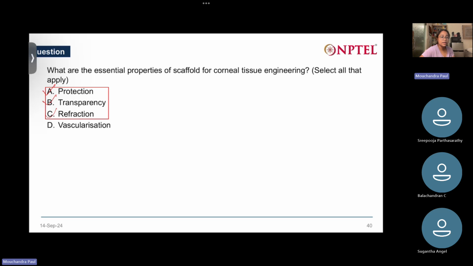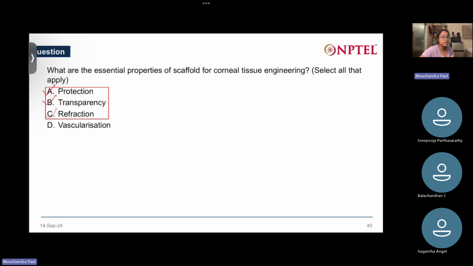But in the corneal region, in order to maintain transparency, the blood vessels do not penetrate, so that you see as clearly as possible. You saw that 4 mm region, right? Just behind it is the optical lens through which light goes into our eye, so that region should be completely transparent. That's why vascularization is not an important property.